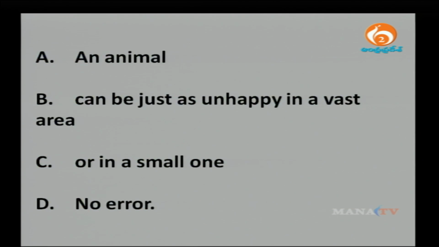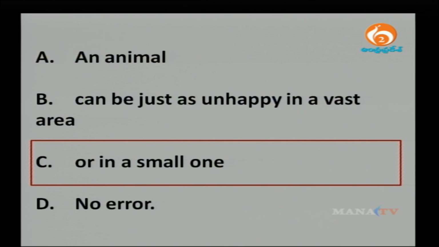An animal can be just as unhappy in a vast area or in a small one, which means regardless if the place is small or big, an animal can be unhappy. So C is the answer.